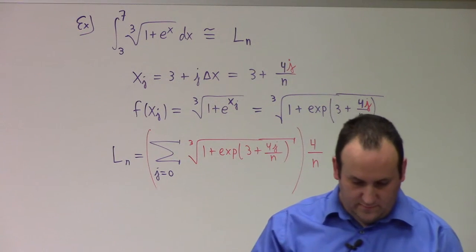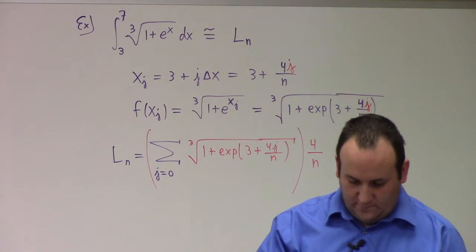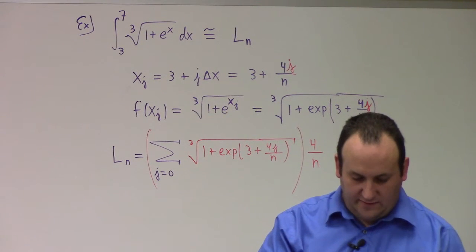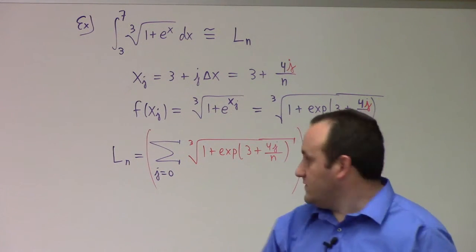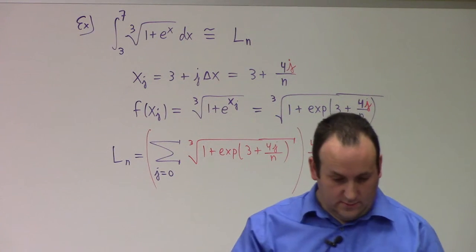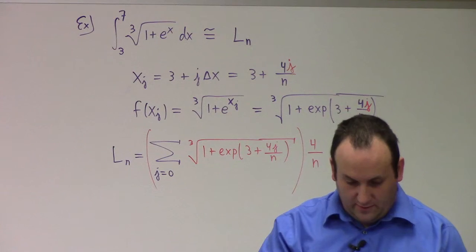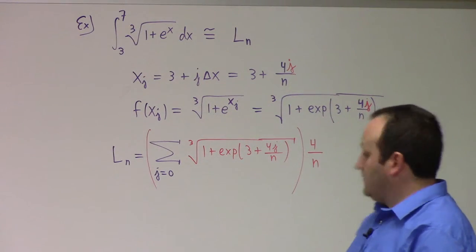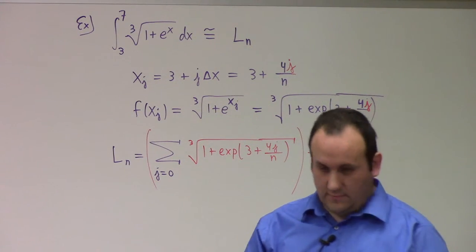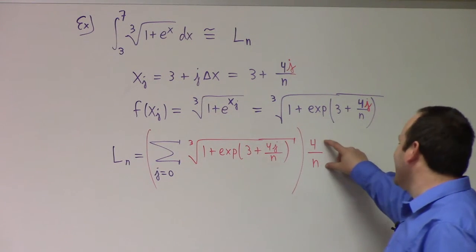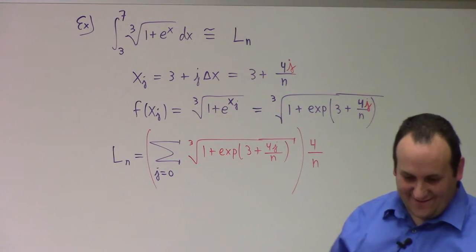What was n? Oh, 4. So that's just 3 plus j, right? 3 plus j. All right, close my cube root, third power, right? And then this is 1.